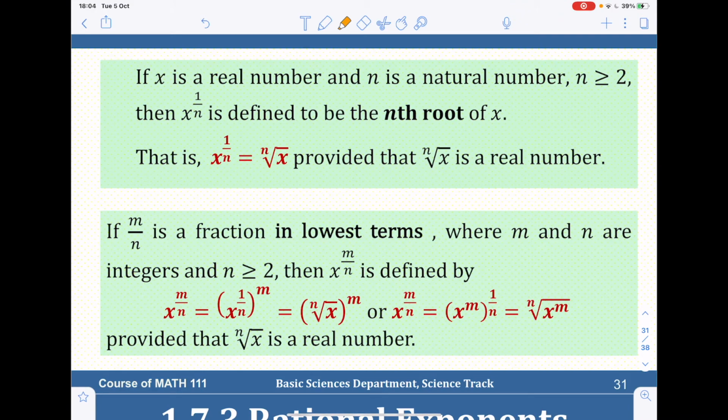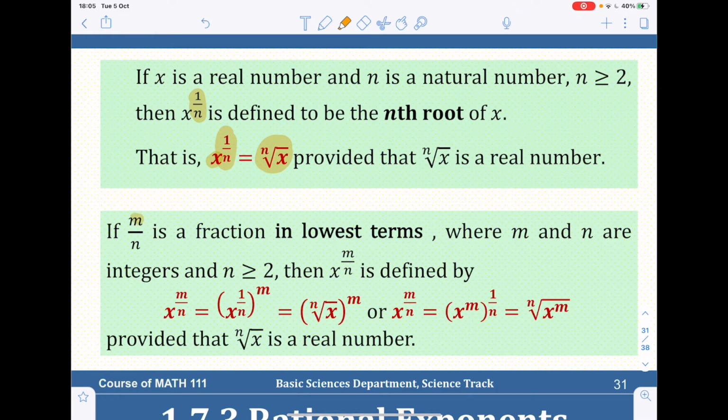So in general, as I said, the nth root is just a form of an exponent, which is 1 over n. So I can write the nth root of x as x to the power 1 over n.